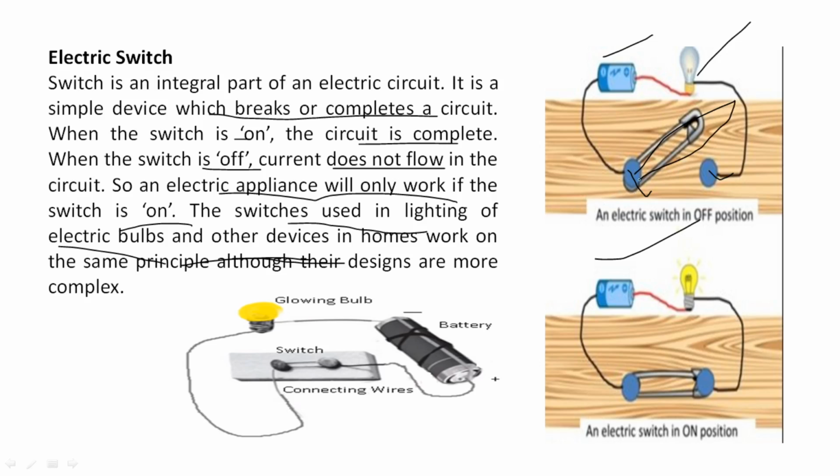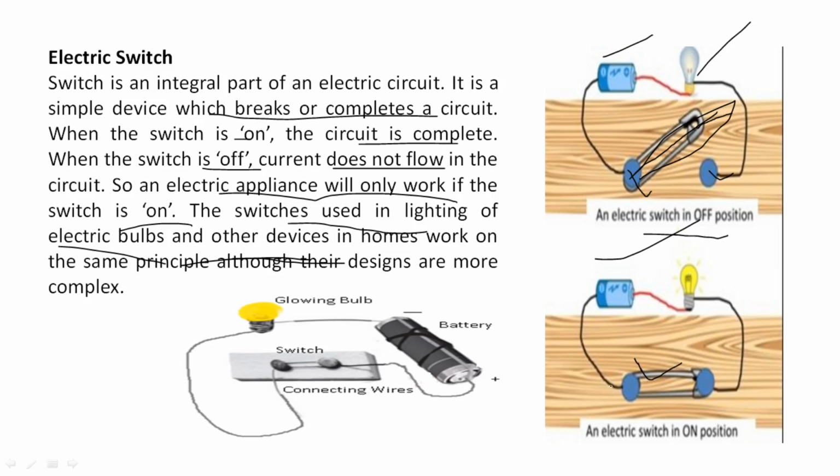One side of the safety pin is attached to one metal, and the other side is not attached to the other metal. So here electricity will not flow, because there is a gap and it is not connected. That's why the bulb will not glow, and this is an electric switch in off position.